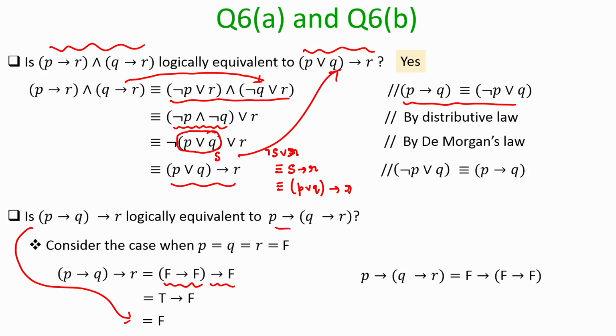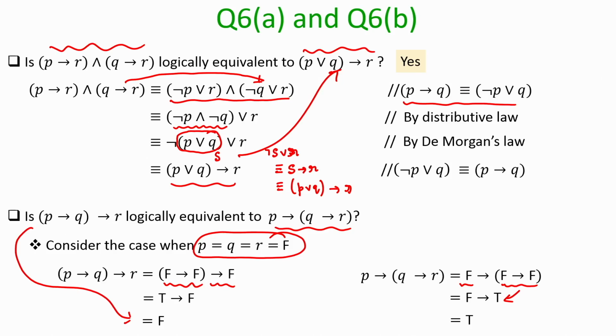Now, what about this implication? This implication is P implies (Q implies R). So, P is false and Q implies R is false implies false. False implies false is true and false implies true is true. That means, what I have demonstrated here is that for the truth assignment when P, Q and R are all false, the two expressions have different truth values.